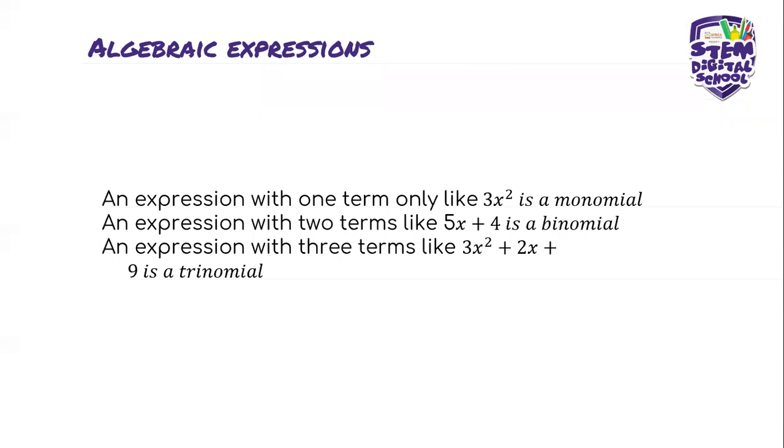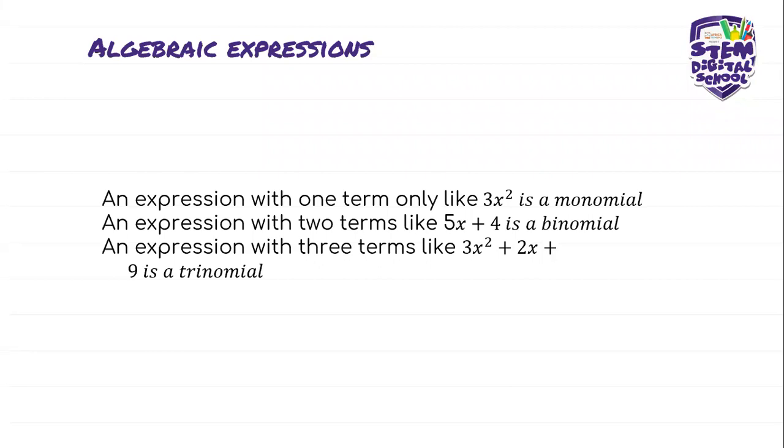The third one there, an expression with three terms, like 3x squared plus 2x plus 9, is known as a trinomial. So I've spoken about three algebraic expressions. The first one is a monomial followed by a binomial, and the last one is the trinomial.